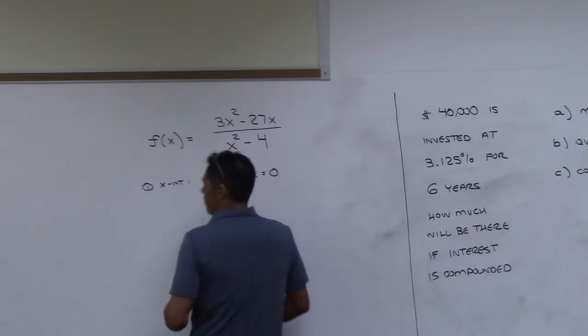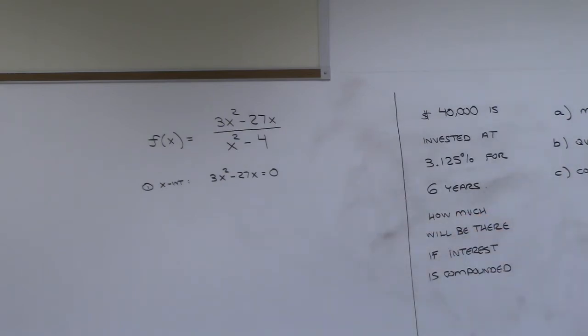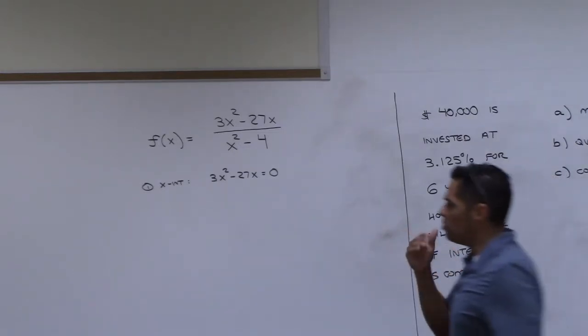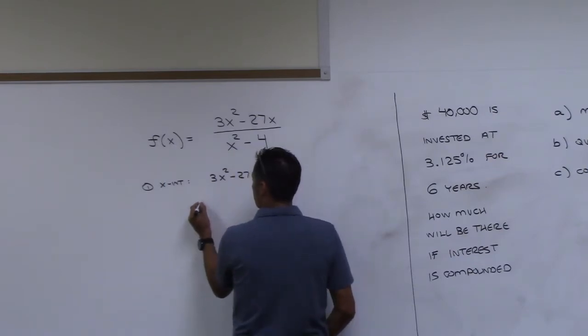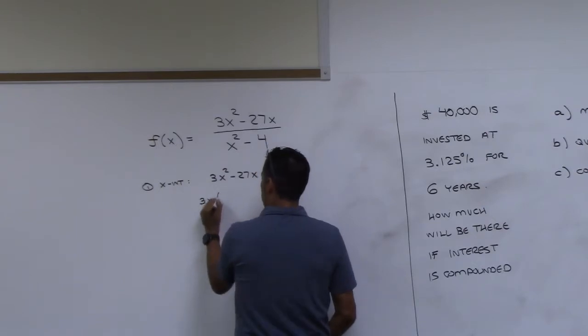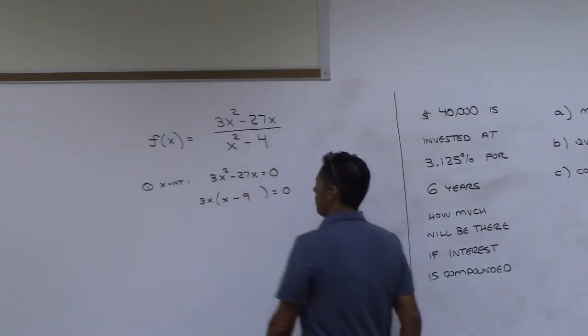Okay, that's what you want to do, right? So how are you going to tackle that equation? Yep, GCF. So what is your GCF that you pulled here? I got 3x for outside. Okay, 3x, x minus 9 is equal to 0. Perfect. Great.